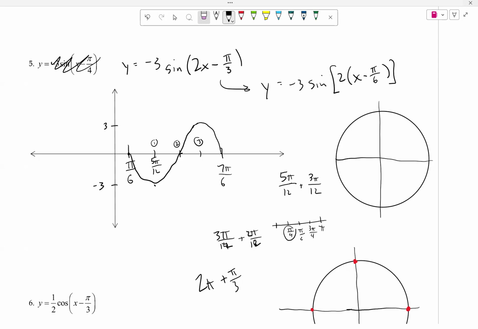I'm sorry, it's going to be this one plus pi over 2. Is that right? Wait, is it adding pi over 6? Yep, adding pi over 4. Okay. So you're adding the increment. Yeah, so 3 pi over 12.